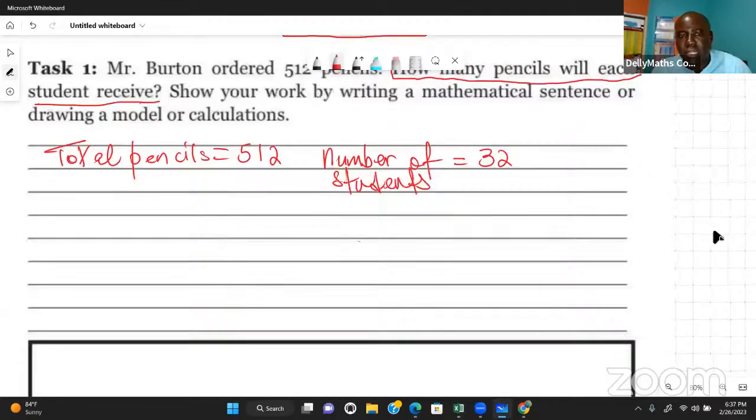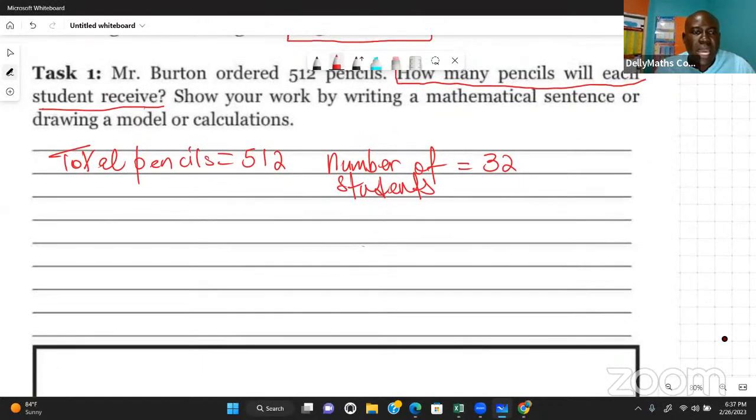So a quick mathematical statement is that you need to divide, right? You need to divide. So you want to divide the total, just writing this, the total pencils.